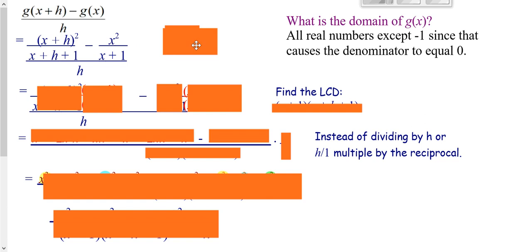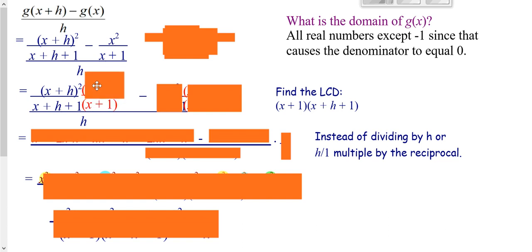Now we have fractions within fractions. We just have to simplify this. To do that, we're going to subtract our fractions. We have to do common denominator, which happens to be x plus 1 times x plus h plus 1. So we need to take that first fraction, top and bottom, by an x plus 1 to get our common denominator. So this red's a special form of 1, which multiplying by 1 doesn't change it.